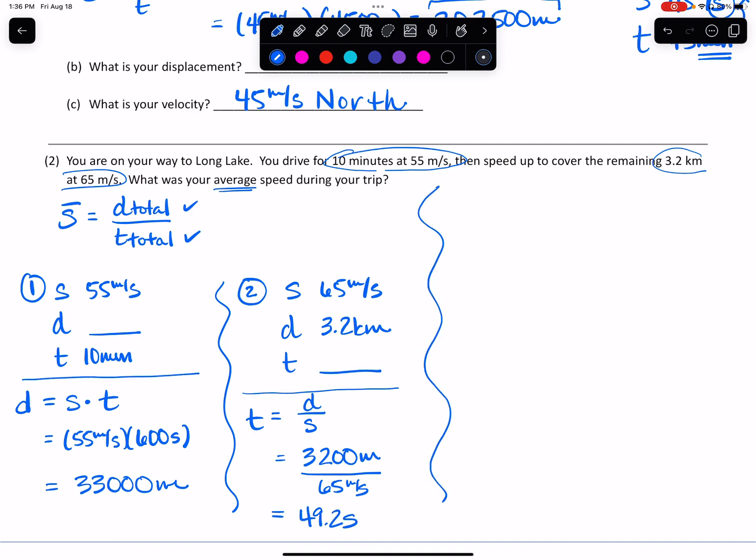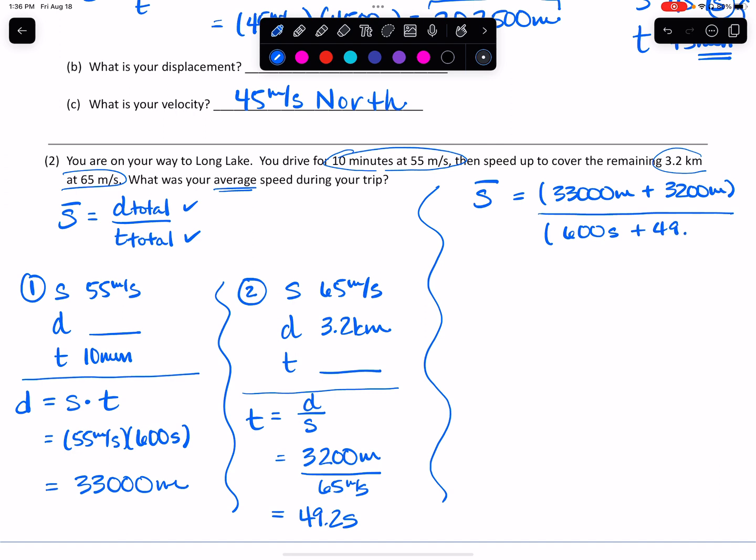All right, so I've got my legs, now my average speed. So my total distance is going to be 33,000 meters plus 3,200 meters for my two legs, divided by the total time, which is 600 seconds for leg one and 49.2 seconds for leg two.